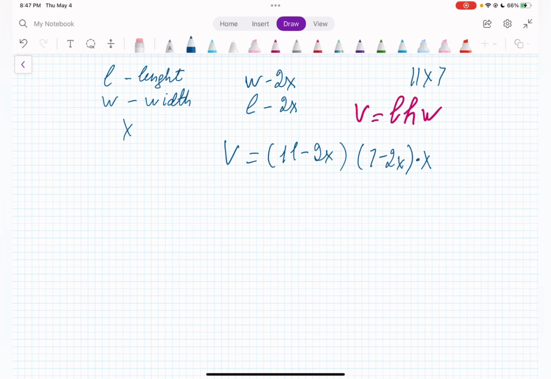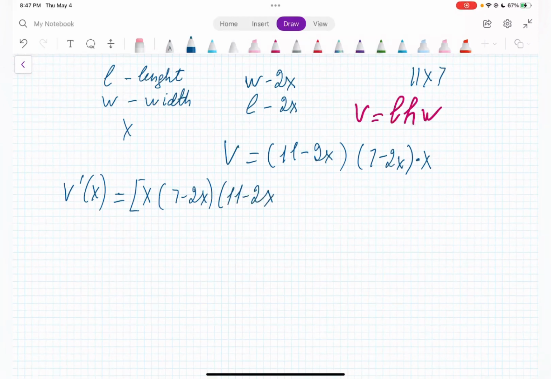Taking the derivative, V prime of x is equal to x times 7 minus 2x, 11 minus 2x. Since everywhere we have multiplication, it doesn't matter which one I put first, right? A times b or b times a. And we take the prime.